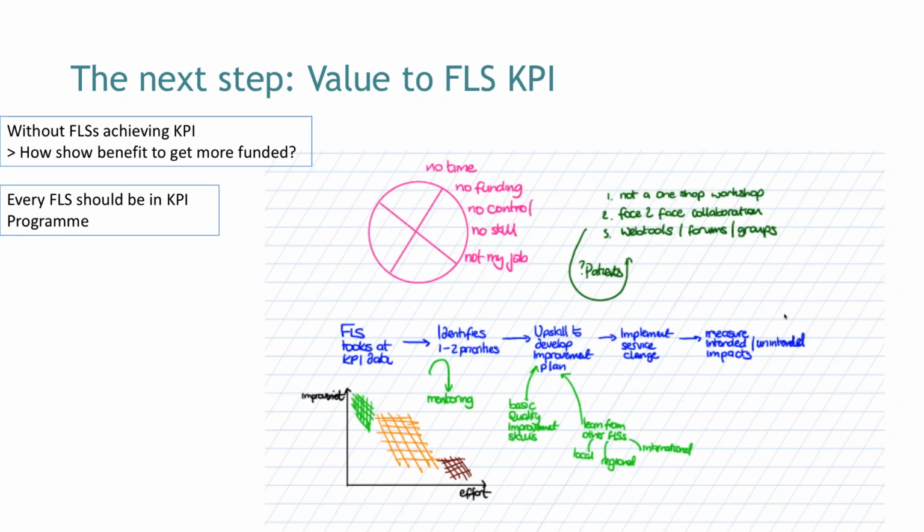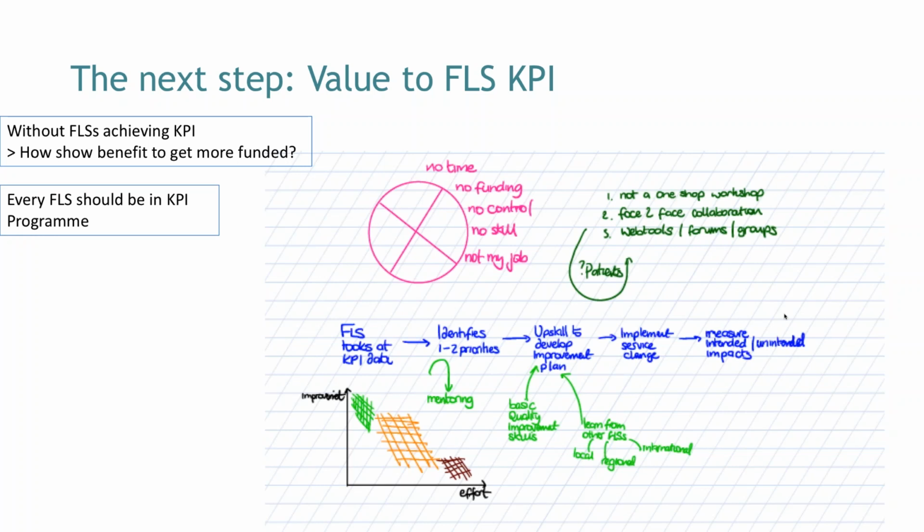In the graph in the green, we've got on the bottom axis amount of effort to make the change, and in the y-axis improvement, and we want to be in the green hash areas. Small changes with big improvement. This might be changing falls assessment, how people are DEXed. What we don't want to do is lots of effort with little return, which is in the sort of brown hash.